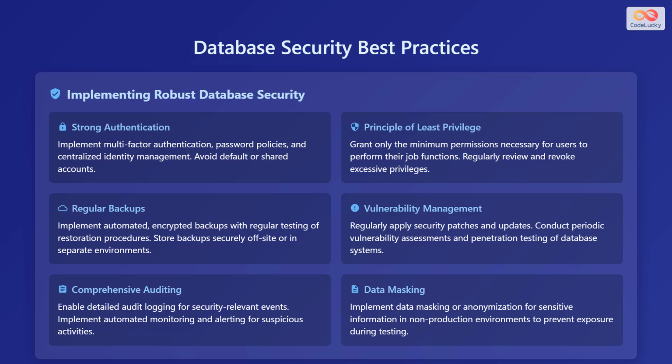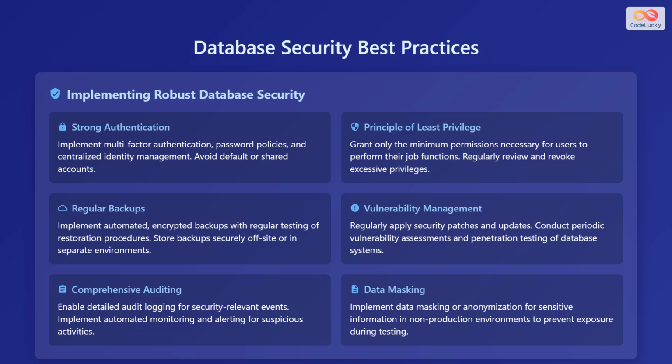Second, apply the principle of least privilege by granting only the minimum permissions necessary for users to perform their job functions, and regularly review and revoke excessive privileges. Third, carry out regular backups by implementing automated, encrypted backups with regular testing of restoration procedures, and storing backups securely offsite or in separate environments.